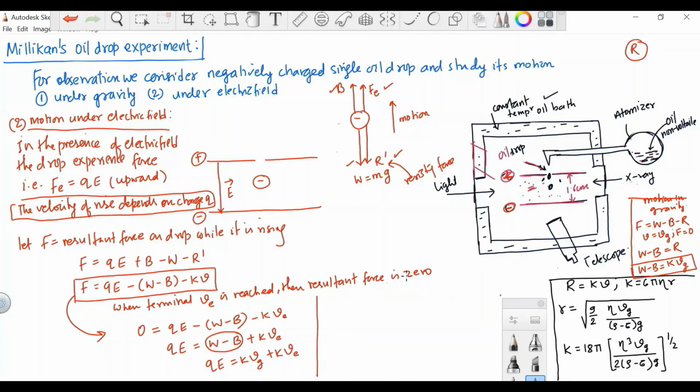Now Q equals, K is common, Vz plus VE divided by E. So we have this.